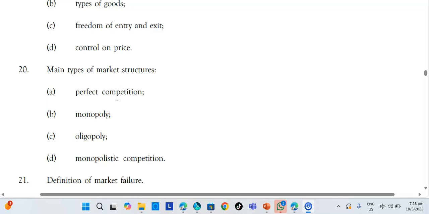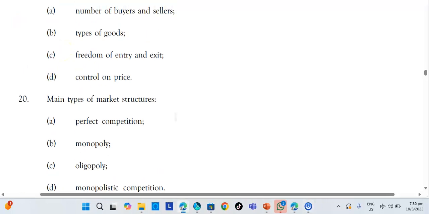Example, Digicel and Flow telecommunications companies, airline industries, or car manufacturers such as Toyota, Honda, or Ford are examples of firms that fall under oligopoly market structure. So it's determined by a few large firms, and each firm's action affects others, leading to interdependent behavior.